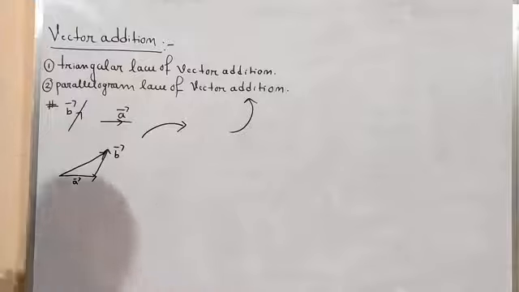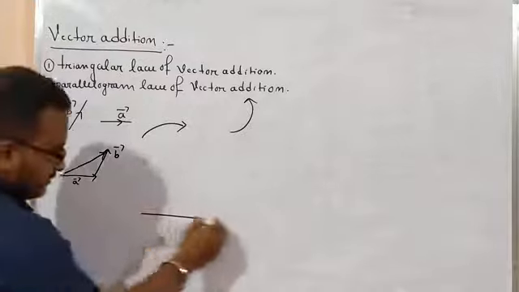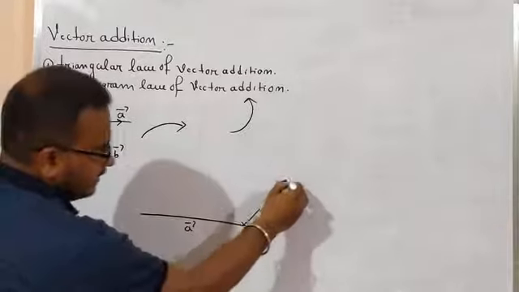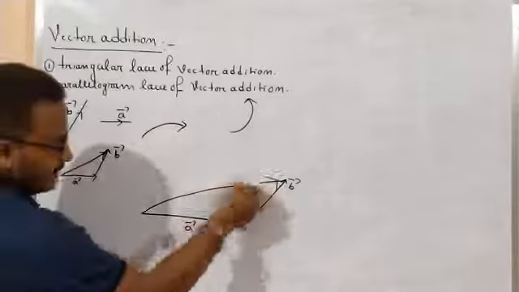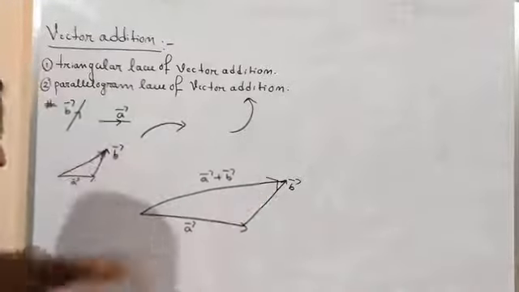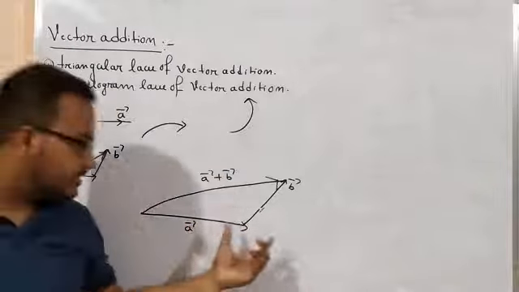Are you getting this? Let me enlarge the diagram a little. This is the A vector, this is the B vector, and this one, in this direction, is A vector plus B vector. Again you can apply the concept of the triangle law of vector addition here.